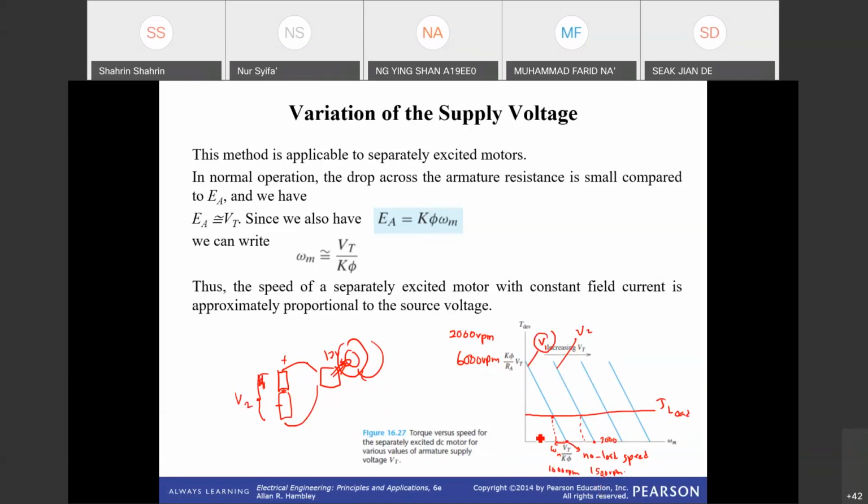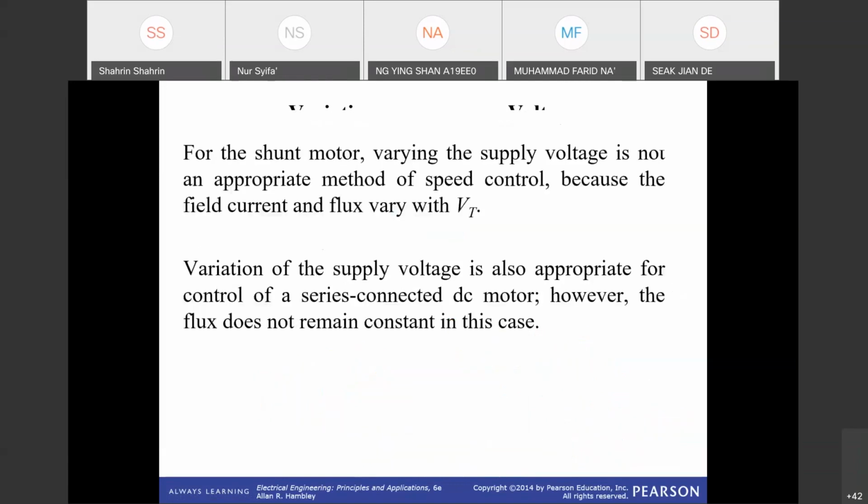If you want to go further, 2000 or more, you need to change the characteristic of the motor by changing the voltage supply. So variation of the supply voltage is also appropriate to control the series connected.